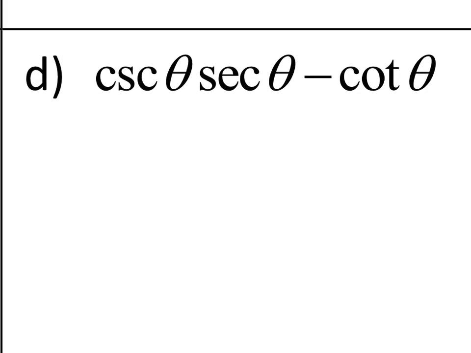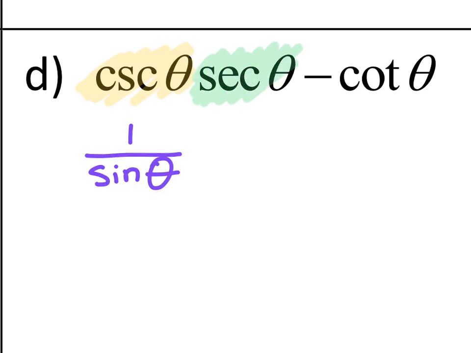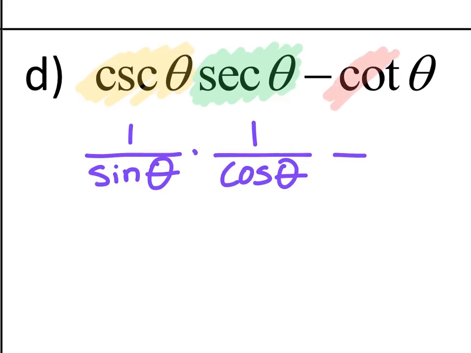So I'm going to start with the cosecant, and I'm going to write that as 1 over sine. And then I'm going to look at secant, which is 1 over cosine. And cotangent, last but not least, which is cosine over sine.